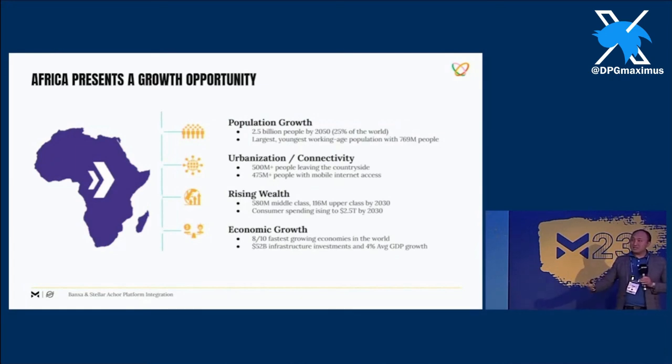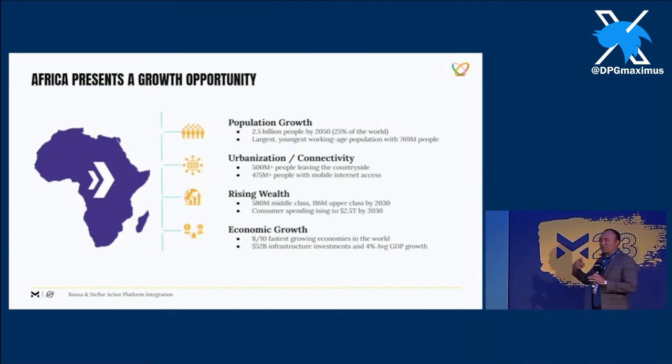They're also moving into cities. It's urbanizing. They're getting more connected. They're on their mobile phones. They have smartphones. They're also getting wealthier. So they're spending on more services, products, and everything else. So the opportunity exists there as well. In terms of economic growth, 8 of the 10 fastest growing markets are there in Africa right now.